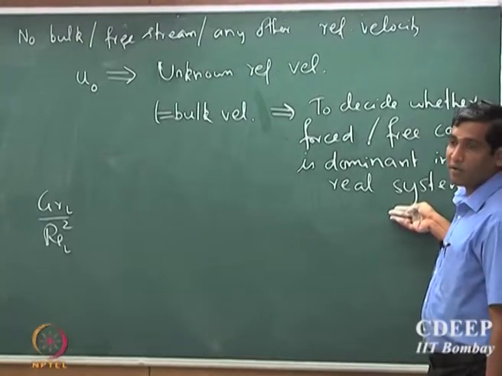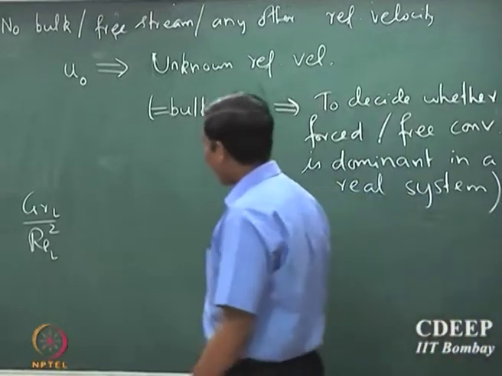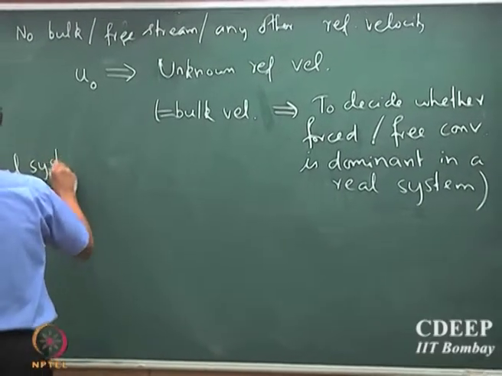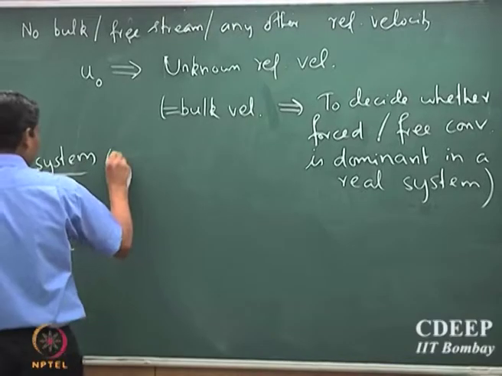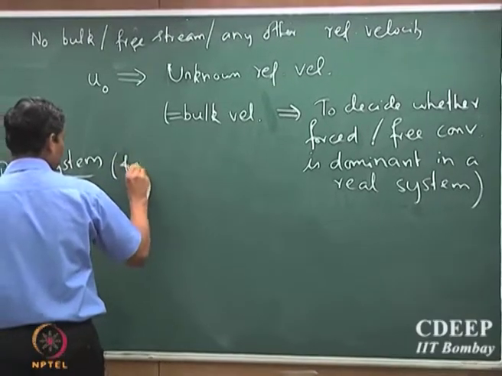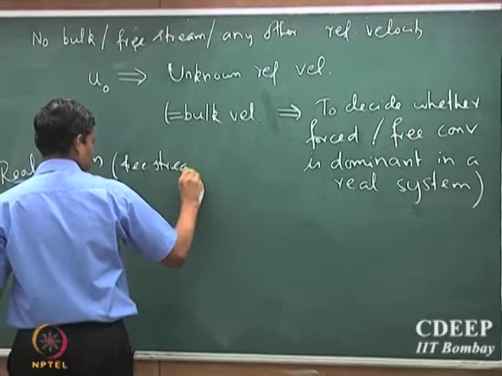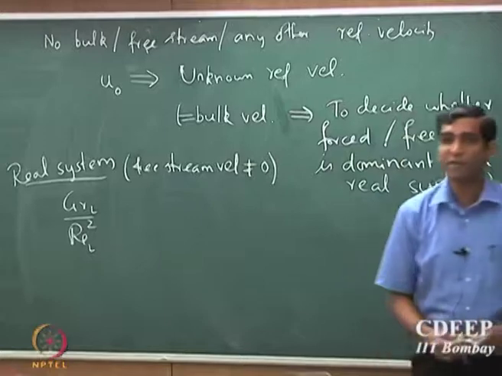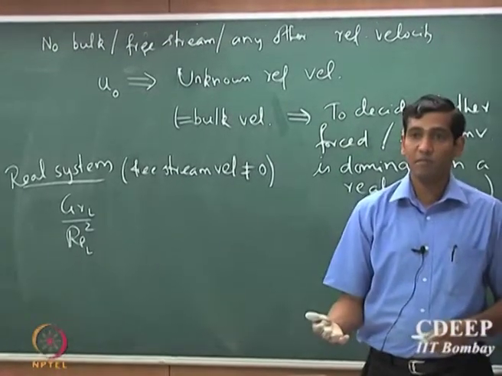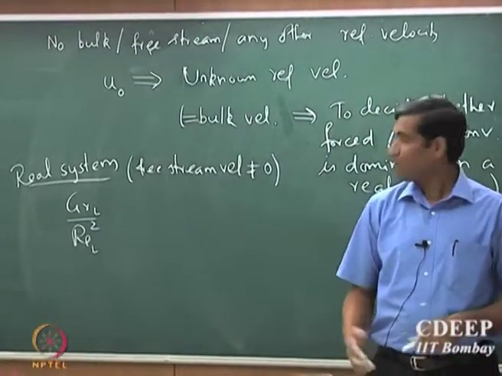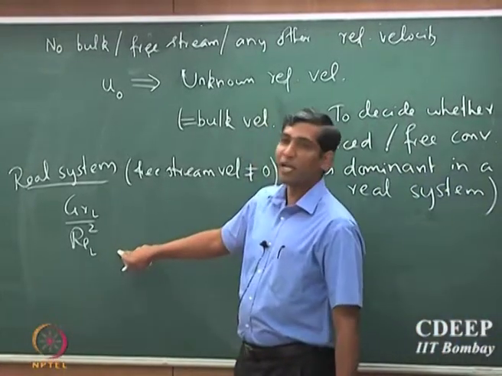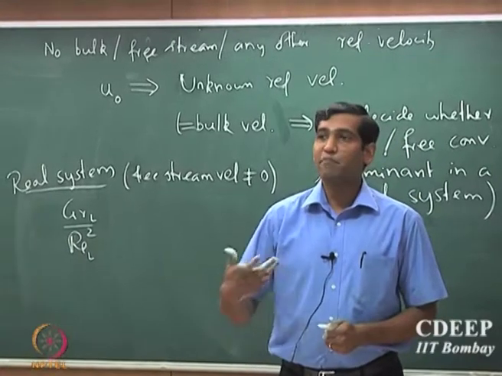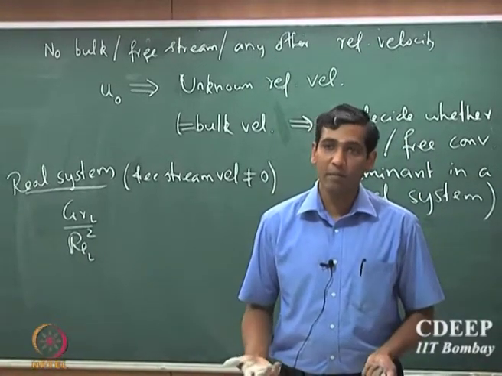Supposing in a real system the bulk velocity or the free stream velocity is really not 0. If you use the free stream velocity as the scaling velocity, then the Grashof number by the square of the Reynolds number gives you a dimensionless quantity which can be used to decide which one is the dominating force.